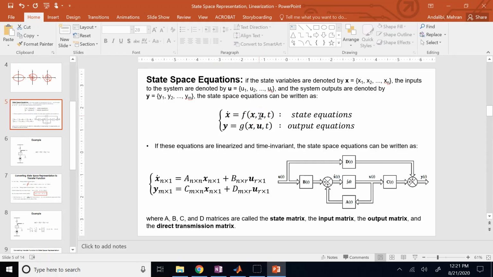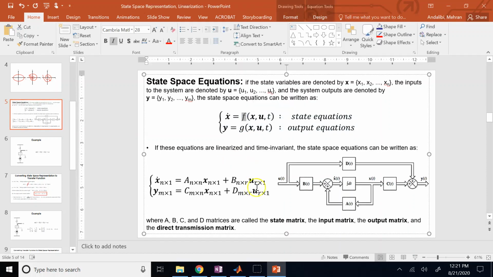Then around that point, in a small range of u and x, I can say these functions are what? Almost linear. I can approximate these nonlinear ones by a linear function. And when I can say they are linear, then I can apply all of those good development formulas that I have for linear systems.